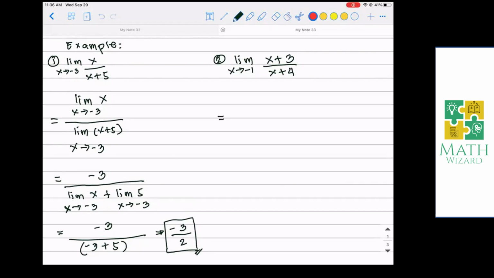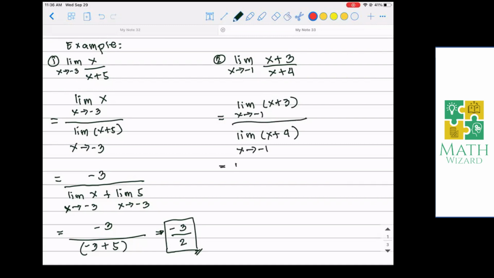So for the numerator, that would be the limit of x plus 3 over the limit of x plus 4 as x approaches to negative 1.